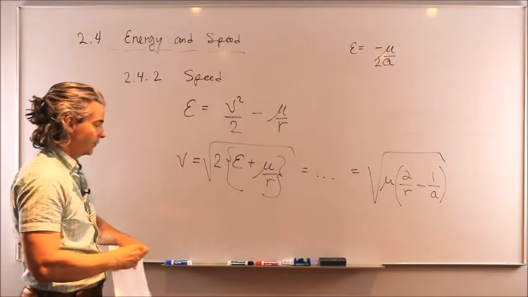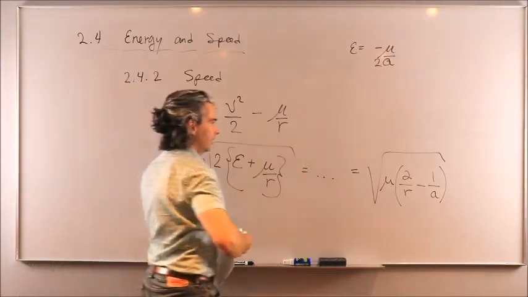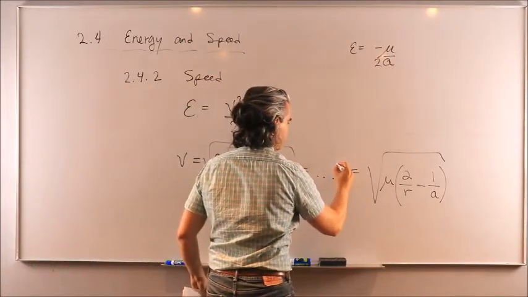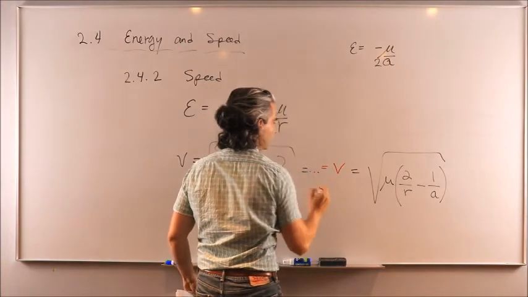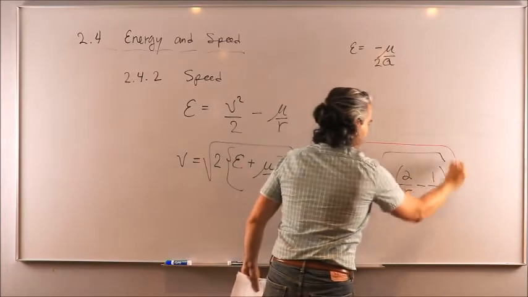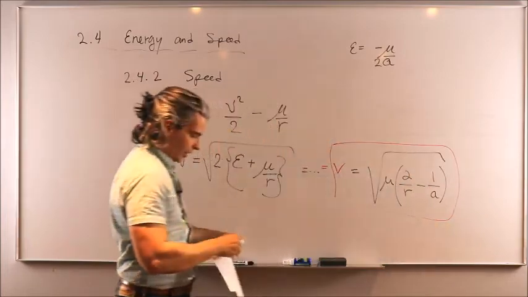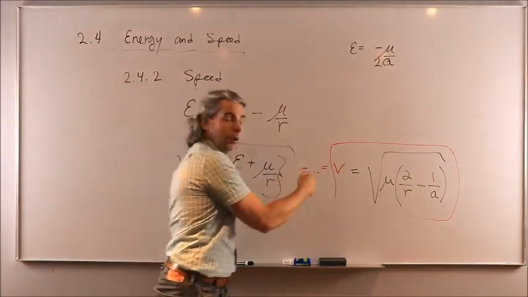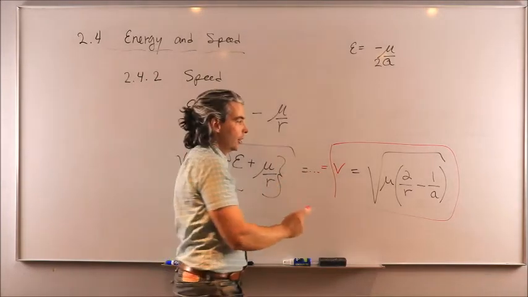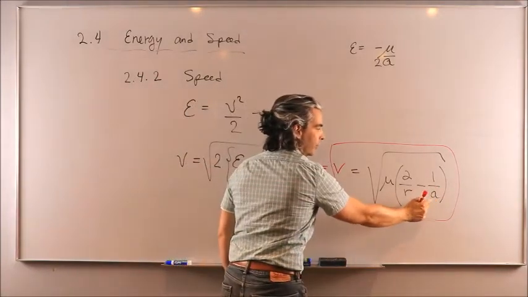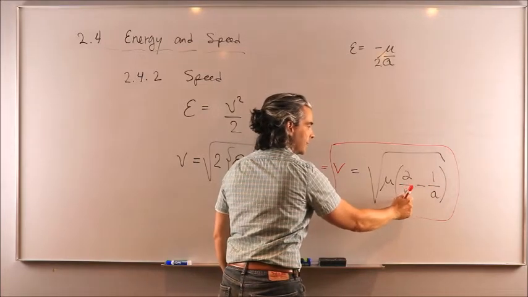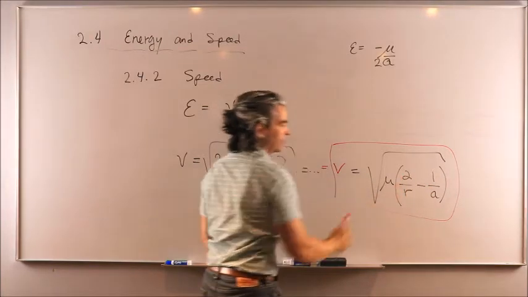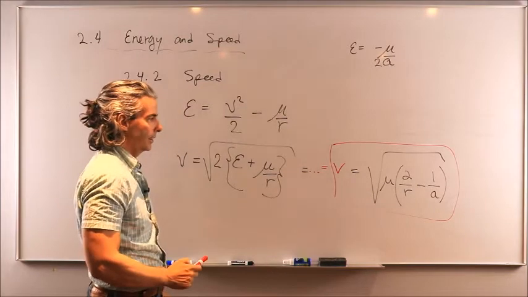Wow, that's a very neat little equation, because that equation, and this is speed, allows you to calculate the speed at any point along the orbit if you know the orbit dimension quantified through its semi-major axis at any point or at any distance from the primary body or the planet.